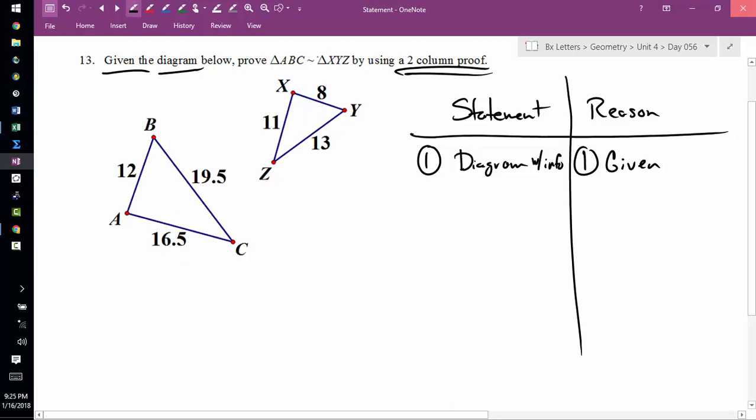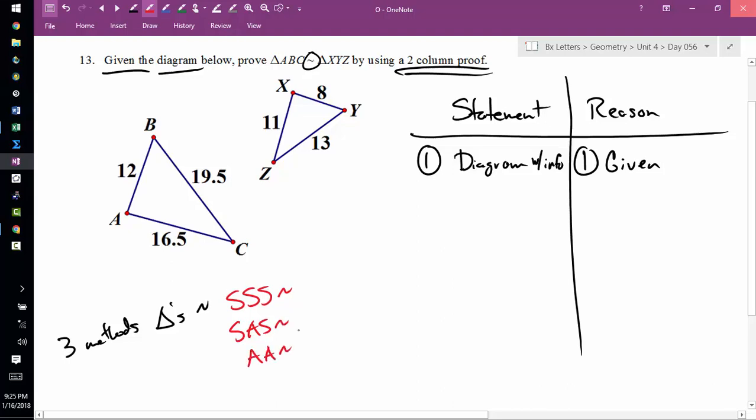And if you recall, we have three methods for proving triangles are similar. And they were the side-side-side similarity, the side-angle-side similarity, and the angle-angle similarity postulate. Here they don't tell me anything about the angles.